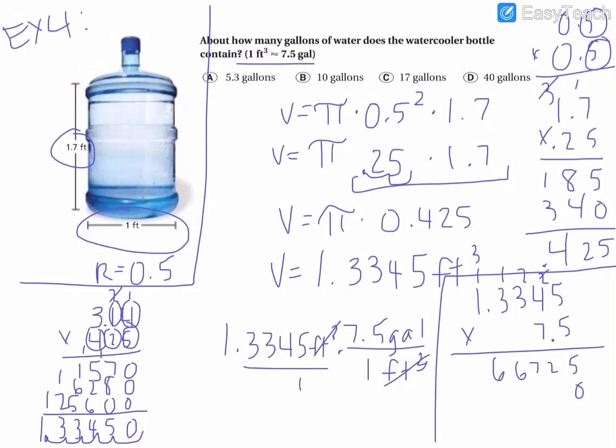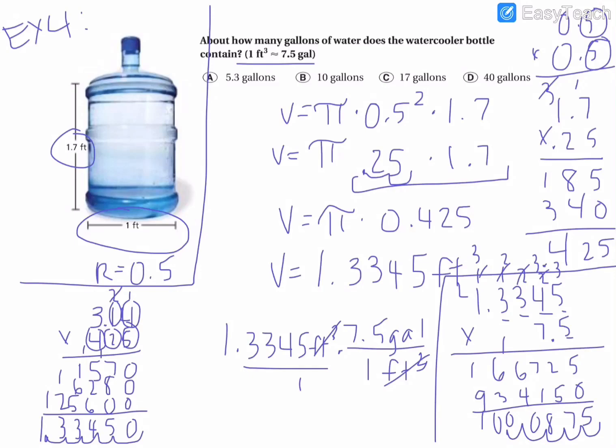Second place value. Okay, so moving the place value back 1, 2, 3, 4, 5 times again. 1, 2, 3, 4, 5. And by place value I meant decimal.